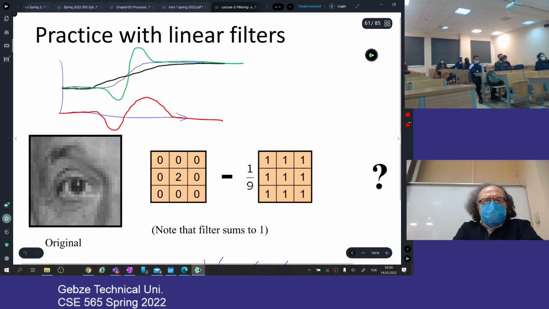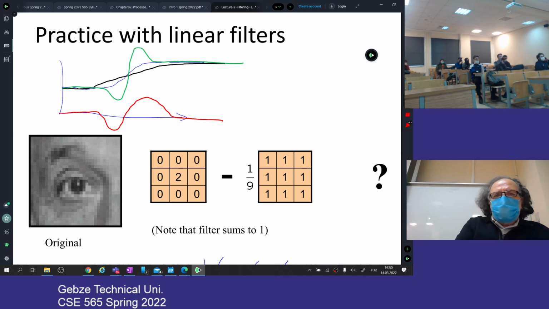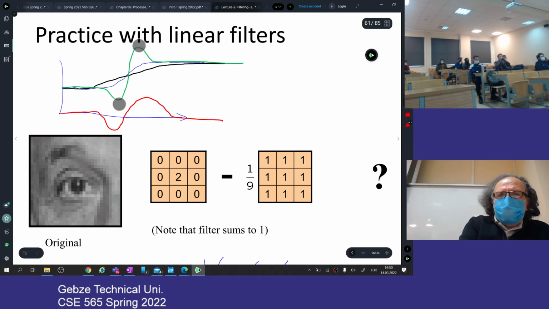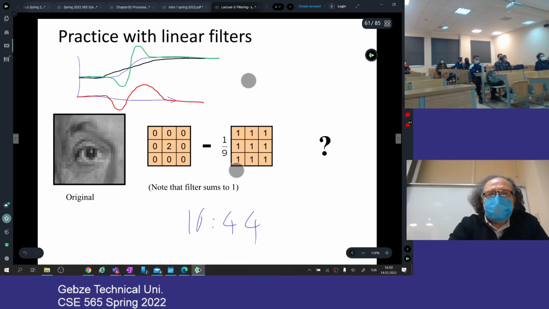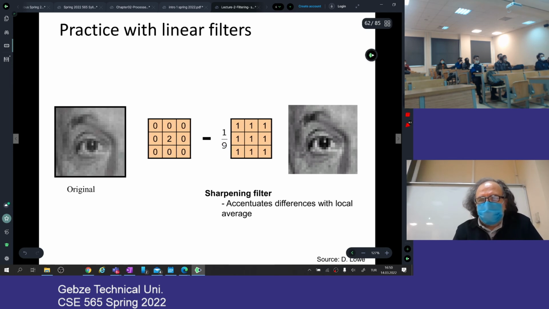So what's going on is, around the positions where the edges are happening, I am putting a bigger difference between the left side and the right side. Okay, so the human eye, for some reason, sees these kinds of edge transitions in a better way, favors it, and we like it better. We think that the image is sharp. Okay, that's why they call this the sharpening filter.